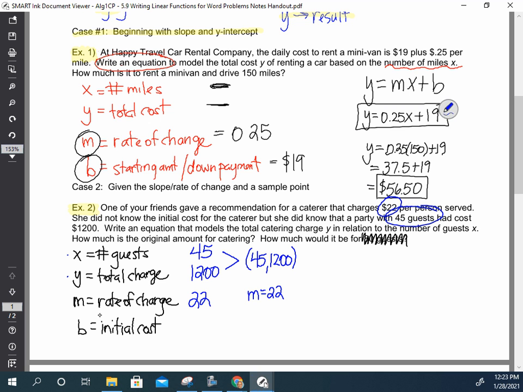This should be easy. No. She did not know the initial cost of catering. So I don't know that. At least I don't know it yet. But look at what you have. You have a slope and you have a point. That means, guess what? You can now find the equation.